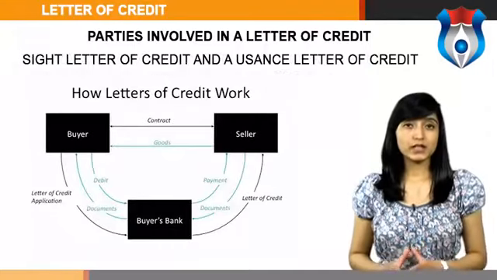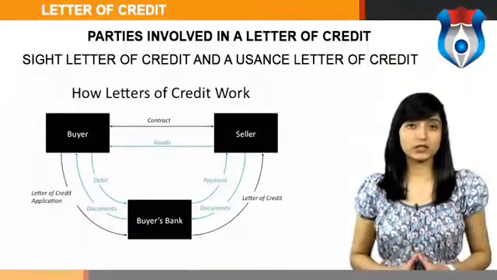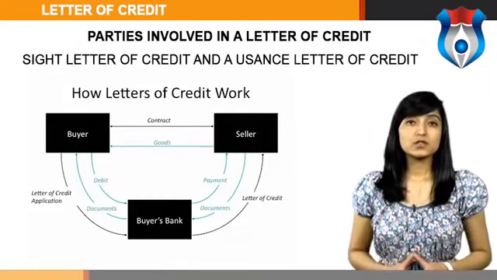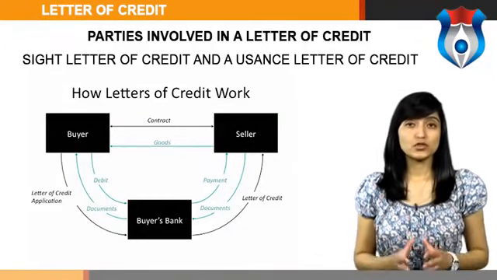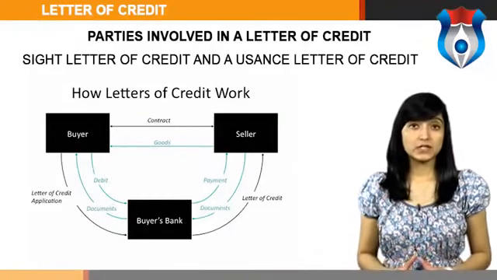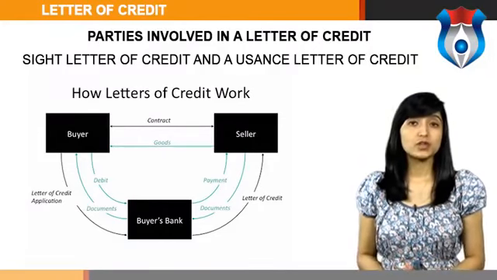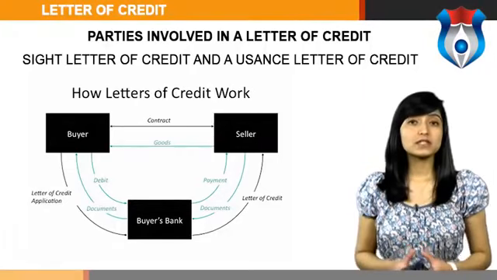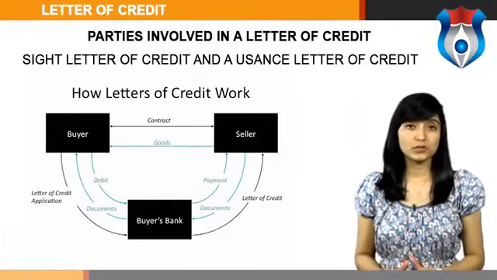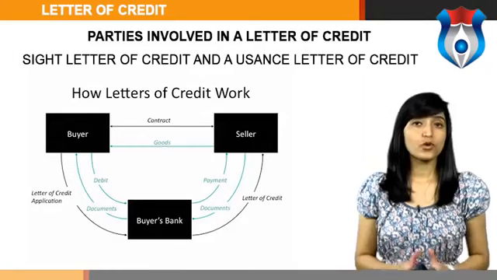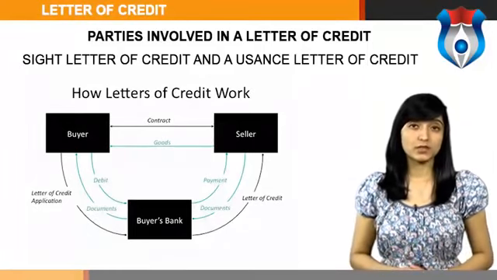Sight letter of credit and a usance letter of credit. Sight letters of credit indicate that the drafts drawn are due upon presentation of the shipping documents. ICC rules allow International Trade Finance seven business days to review the documents for discrepancies before accepting or rejecting the documents.